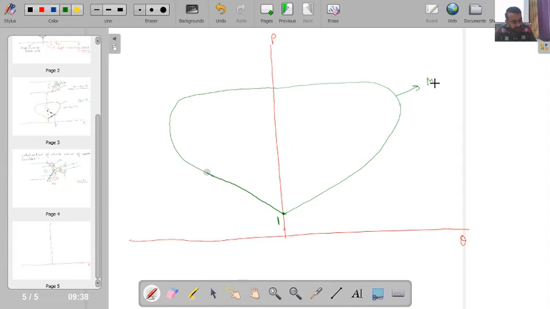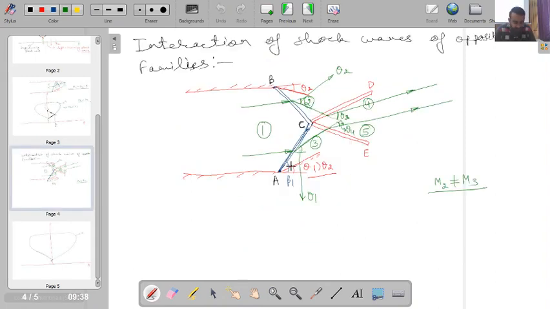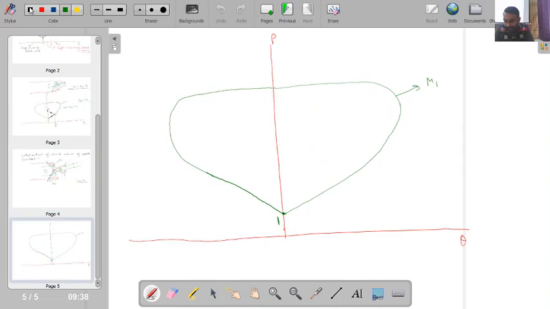Now, first we have a left running wave, which is deflecting through angle theta 1. So I will have a process over here up to angle theta 1, and this will be my point 3.